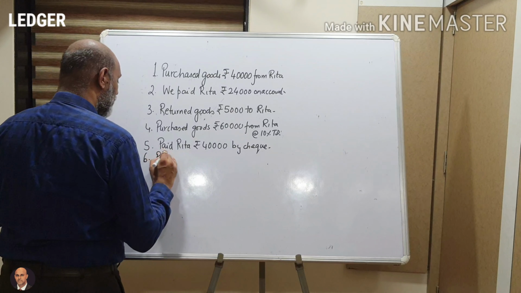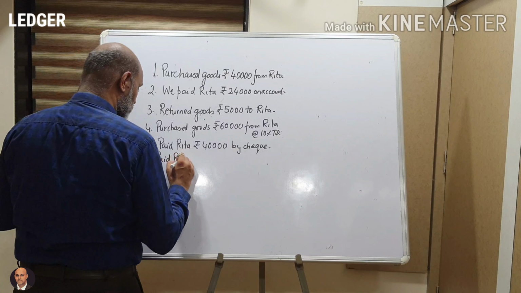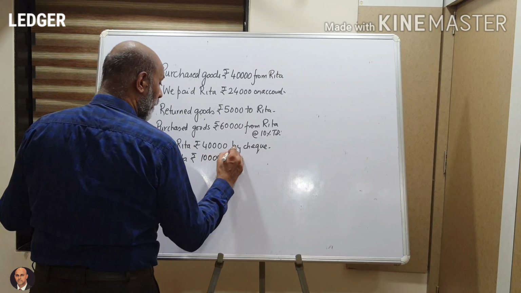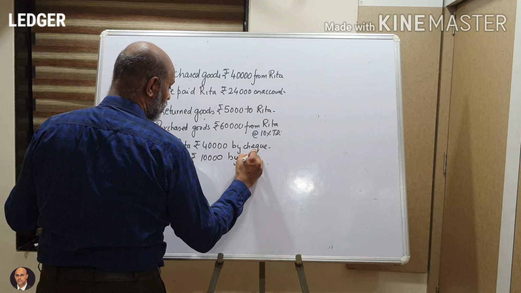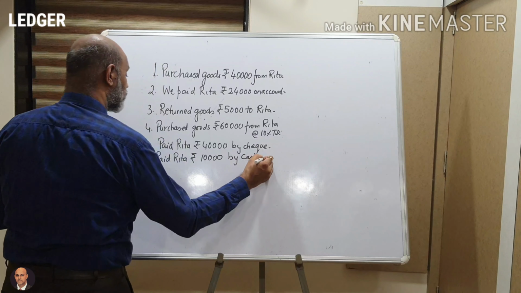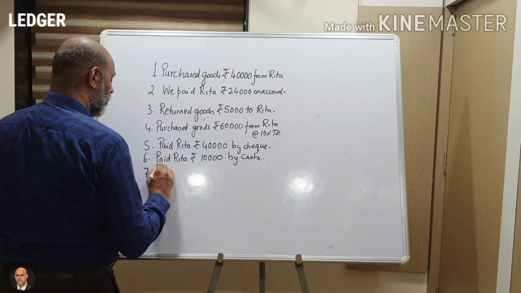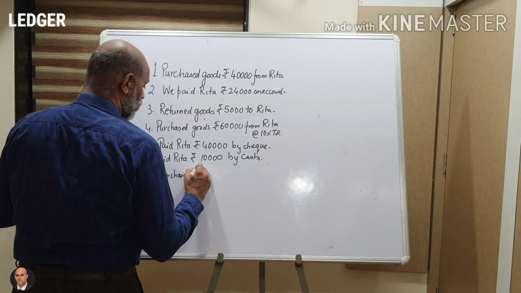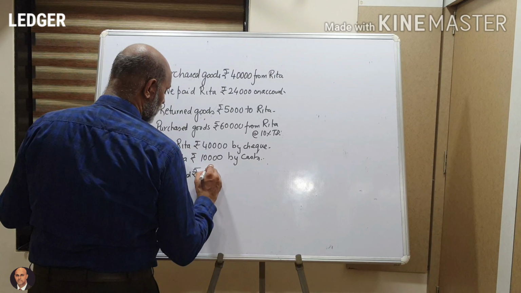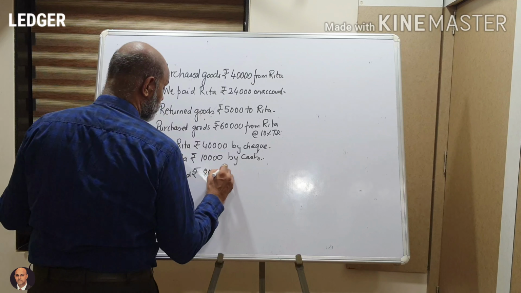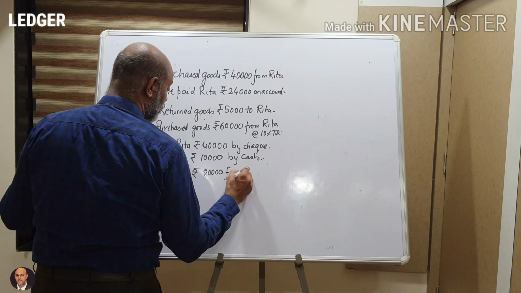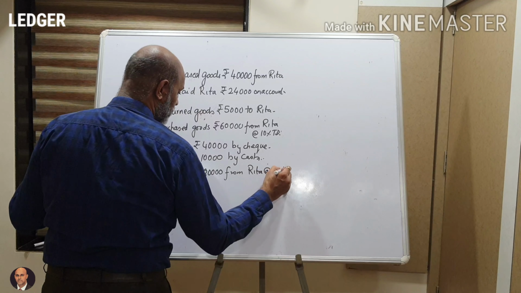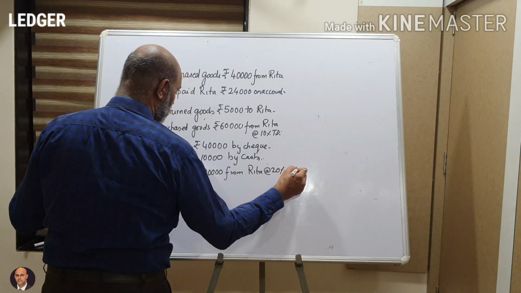Next, paid Rita rupees 10,000 by cash. Seventh, purchase goods rupees 80,000 from Rita at 20% trade discount.